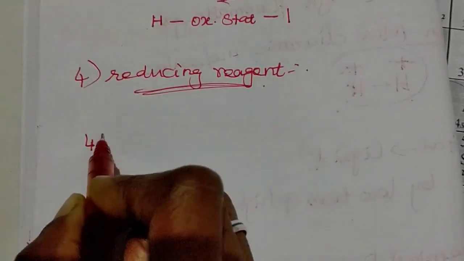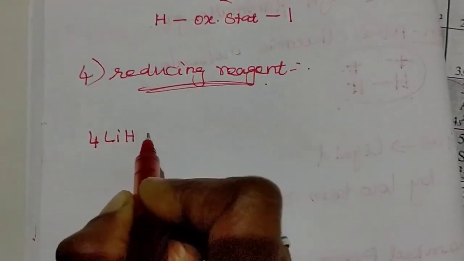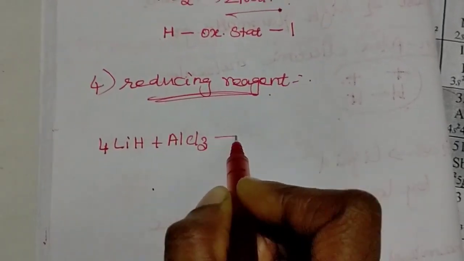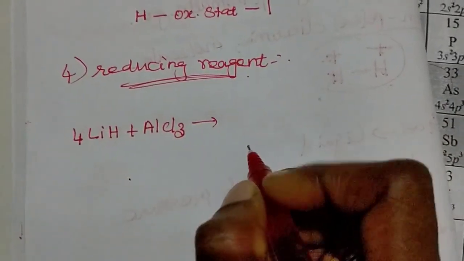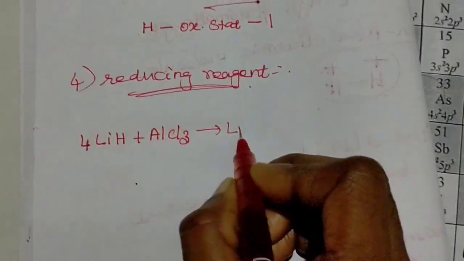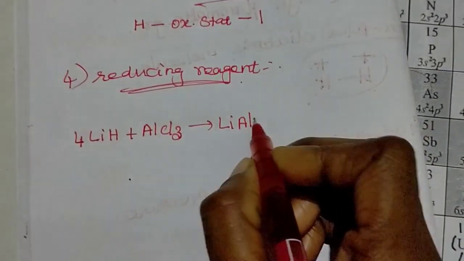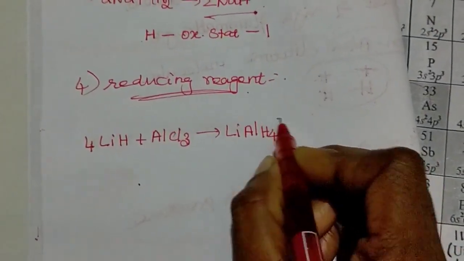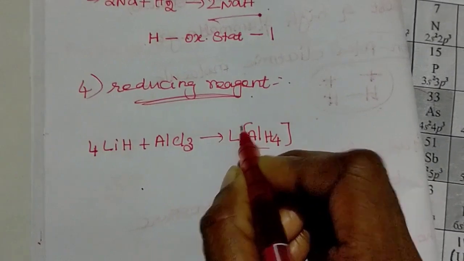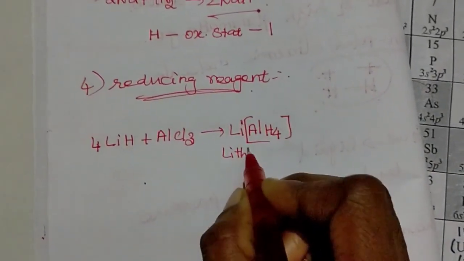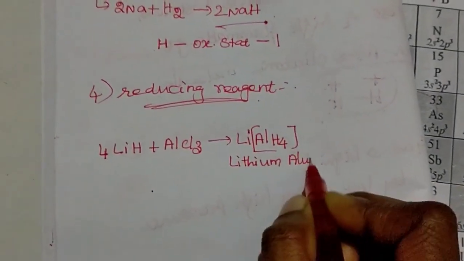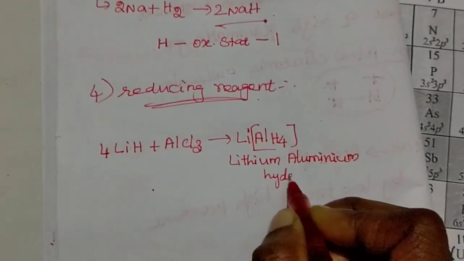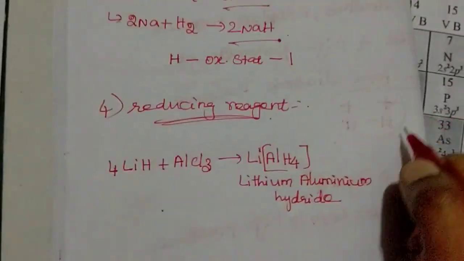4 lithium hydride with AlCl3. Now these two are combined, they produce LiAlH4. This is lithium aluminium hydride.